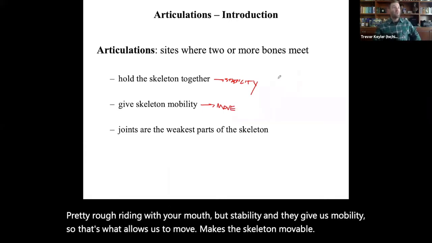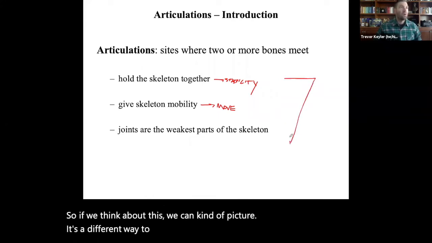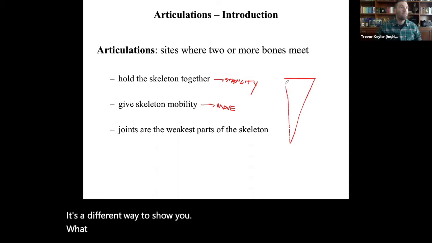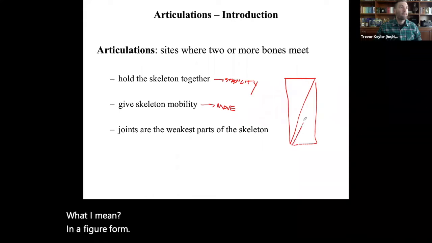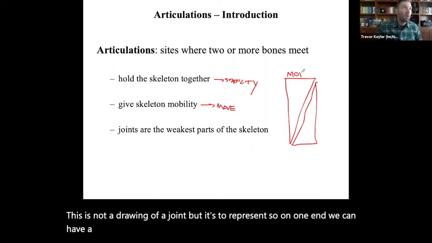So if we think about this, it's a different way to show you what I mean, in a figure form. So this is not a drawing of a joint, but it's to represent. On one end, we can have a joint that is highly mobile, right?